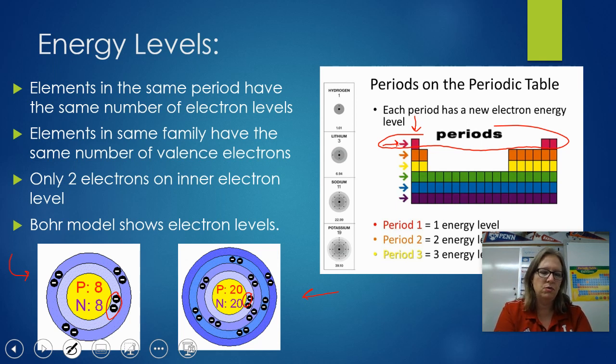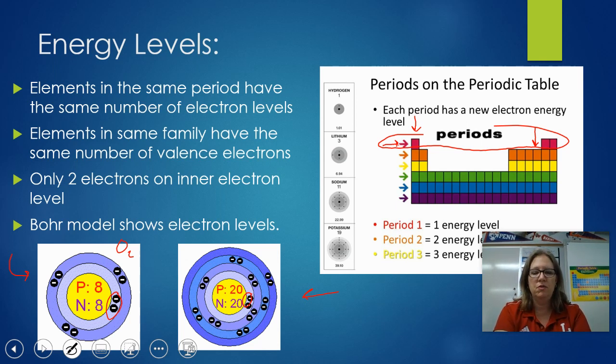So for proton number 8, remember the proton number coincides with the atomic number, so that would be element number 8. So this is actually oxygen right here. Oxygen, okay? 2 of its 8 electrons are on that inner shell, and then there's 6 on the outer shell. And oxygen would be in this family right here.